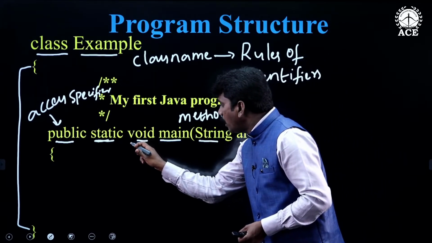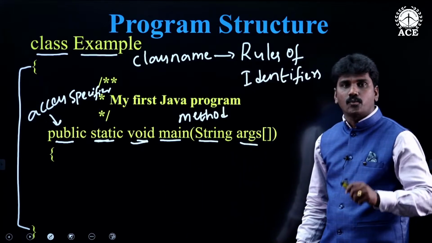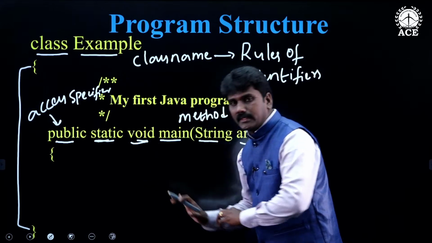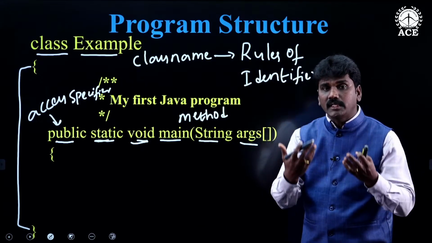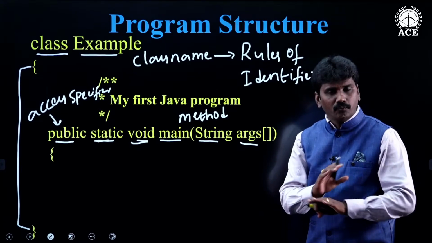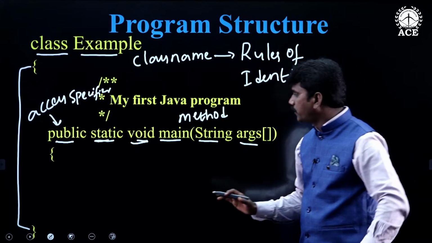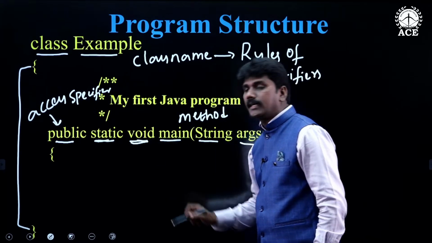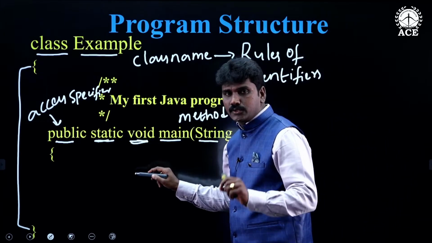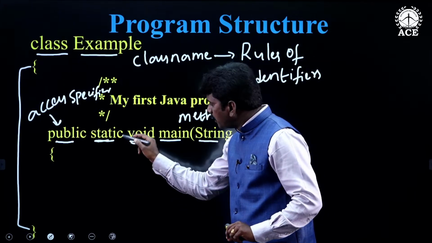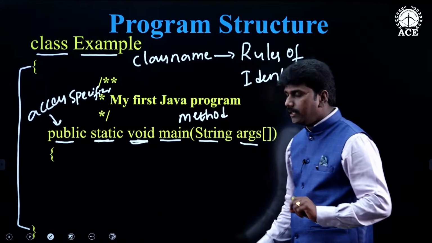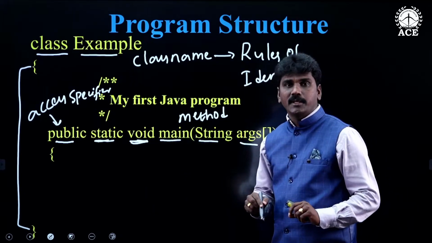Next, we have one more keyword here, that is void. Void means whether you would like to return any value from this main method or not. In Java, from the main method we will not return anything. That's why it has the return type void. So static is an access modifier and also a keyword, and void is the return type we are using.